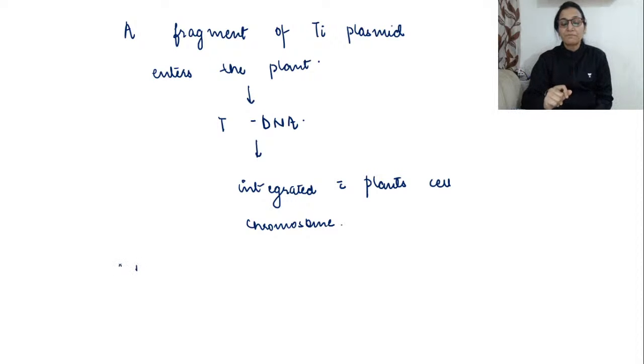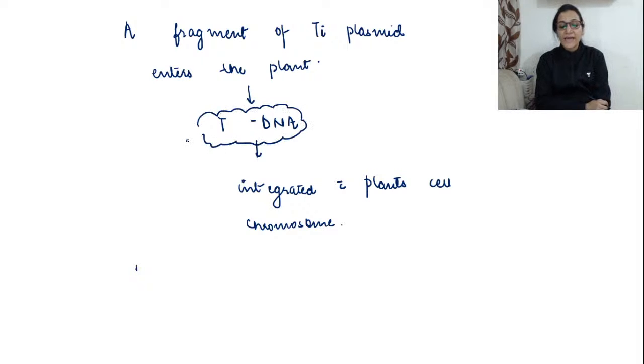The T-DNA carries genes that code for proteins involved in the biosynthesis of growth hormones. It contains genes for auxin and cytokinin.